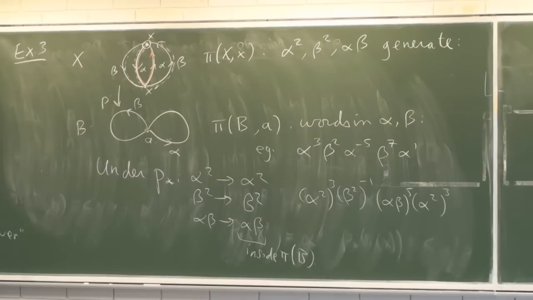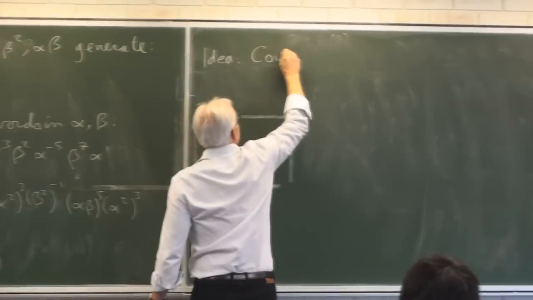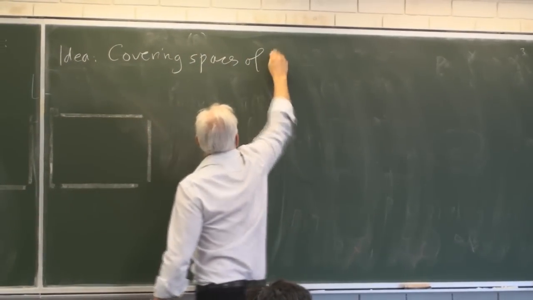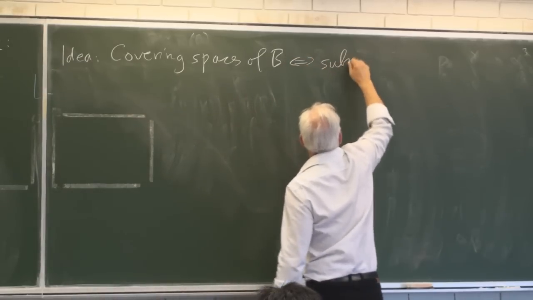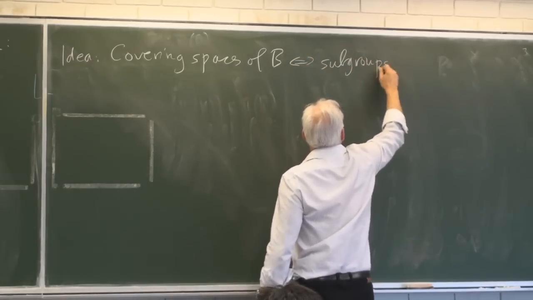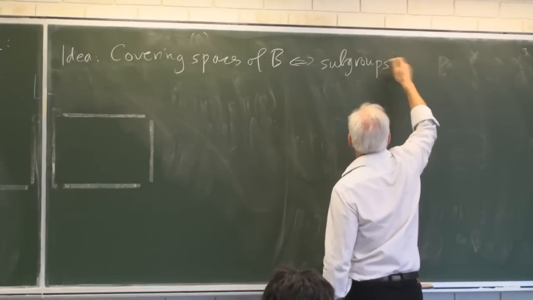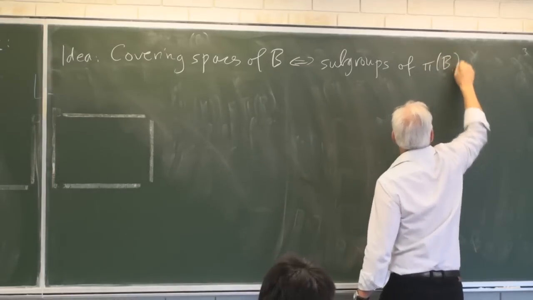And this gives us the idea that we should make covering spaces of B correspond to subgroups, or maybe conjugacy classes of subgroups to be technical, but let me just say subgroups of pi of b.